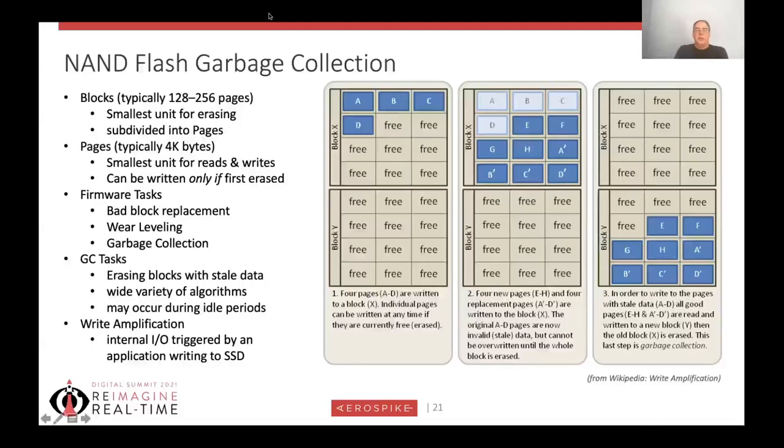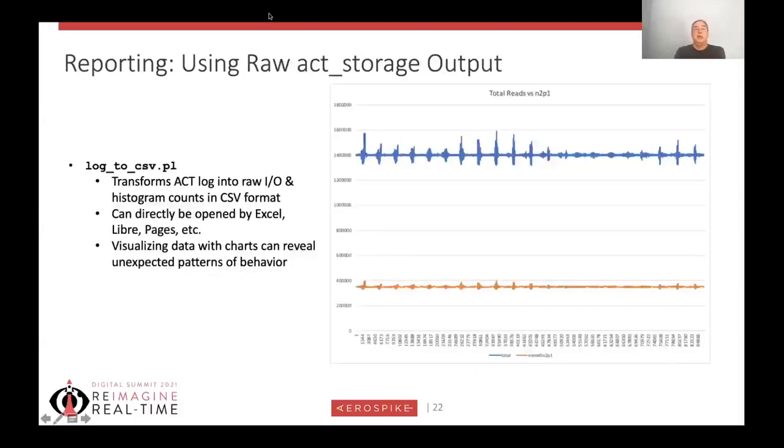The main thing to remember here is if you update a page, what you actually have to do is allocate a new page and do the write there, and then mark the old one as available for freeing. And that shuffling can chew up a lot of bandwidth.